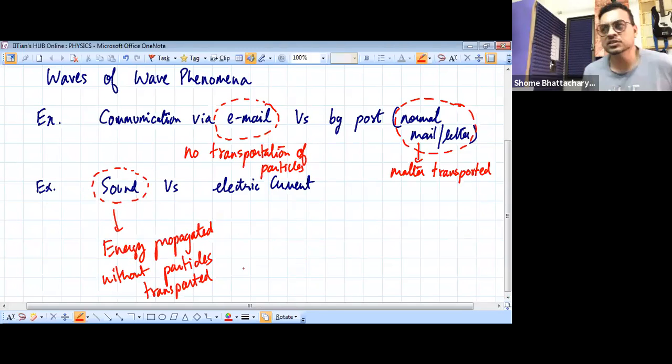So, for example, when I'm speaking, and somebody is standing a bit far away from me, listening to the sound waves directly and therefore getting information from me, there's actual transmission of energy right from my vocal cords up to the eardrum of that person. There is mechanical energy that is getting propagated, but there are no physical particles that are moving all the way from here to there.